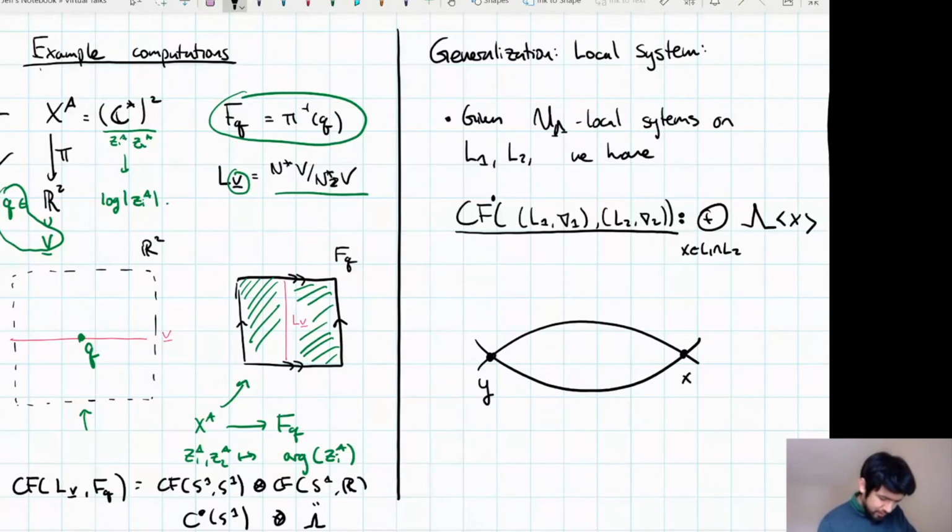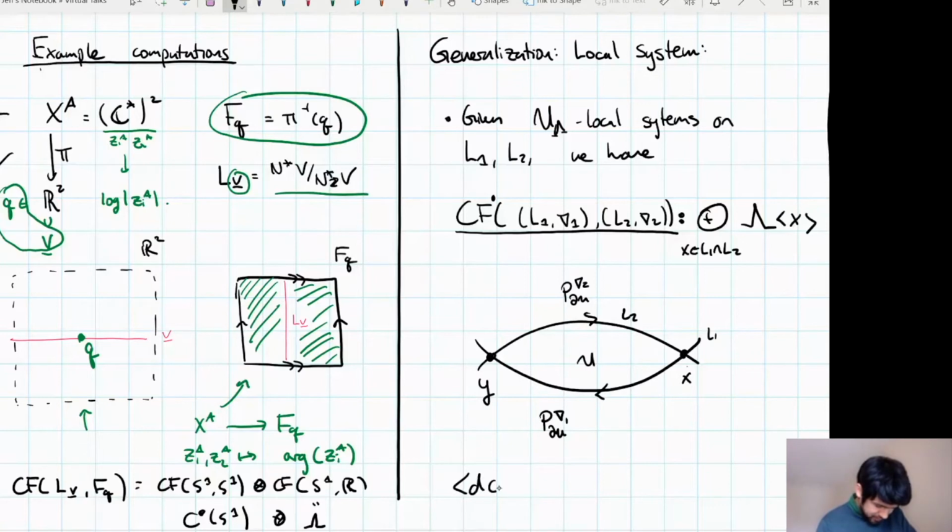If I have a strip traveling between two points X and Y, then I take the parallel transport map along the boundary of the strip. I get some contribution from the parallel transport map along the boundary of the strip on the first Lagrangian L1, and I get a contribution from the second boundary of the strip on L2.